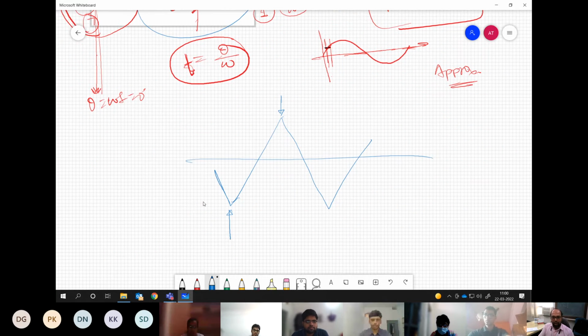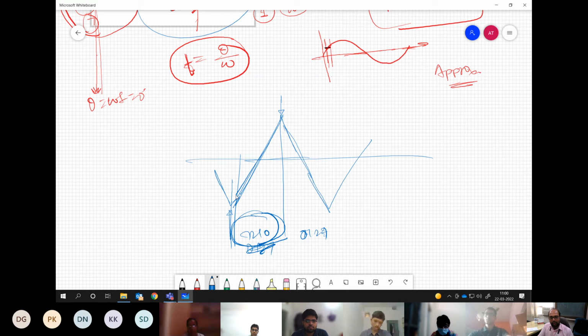Each sample, or each sub-cycle, basically represents one of the sequences, 0127 or 7210. This will be 7210, and this will be 0127. So I am talking about one sample, which is equivalent to one sub-cycle in the carrier.